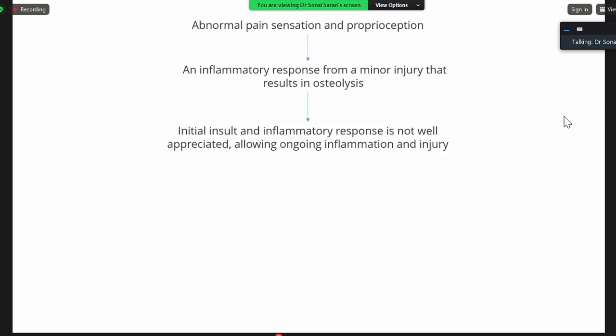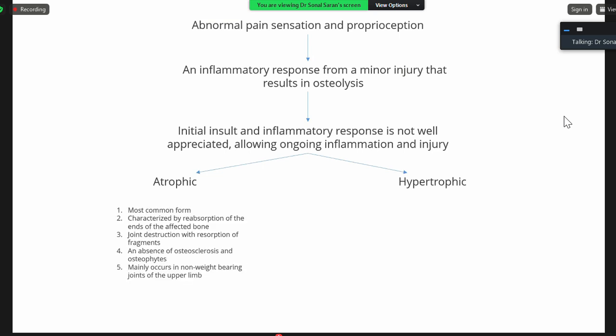So in cases of abnormal pain sensation and proprioception, because of any reason, diabetes is one of them. It can be because of spine trauma, or when the patient does not have any sensation in the lower limb, or it can be because of leprosy also. So any inflammatory response incited by a minor injury can result in osteolysis, and it can lead to ongoing inflammation and injury, and it can lead to Charcot joint or neuroarthropathy, which is of two types, atrophic and hypertrophic.